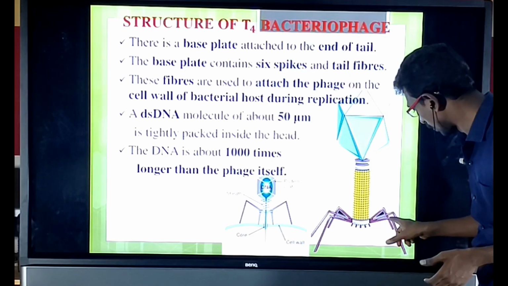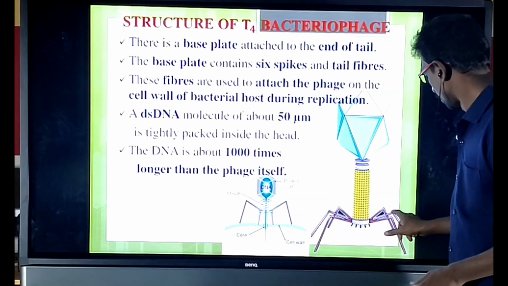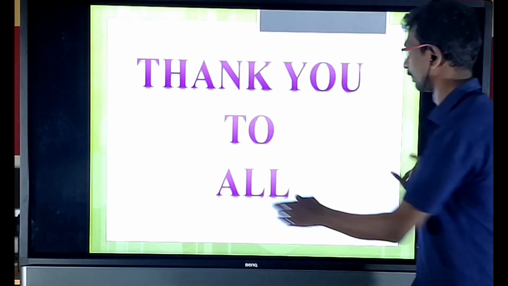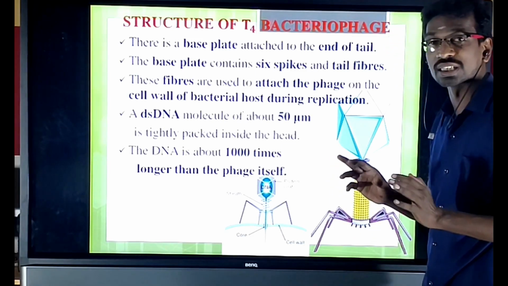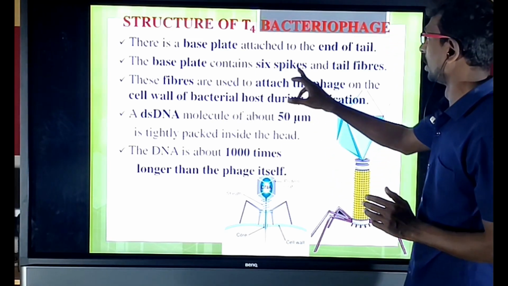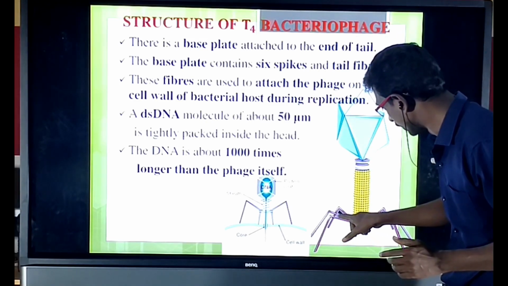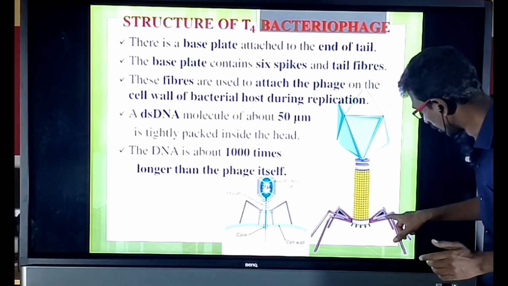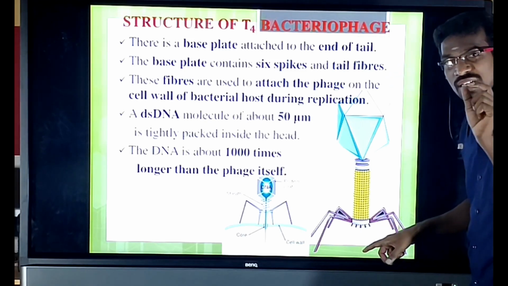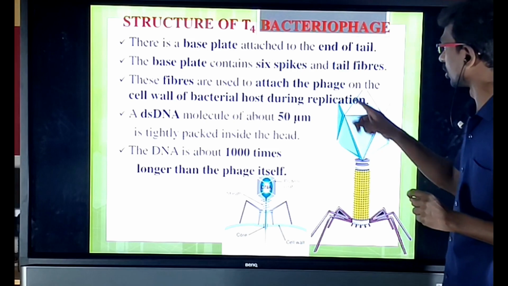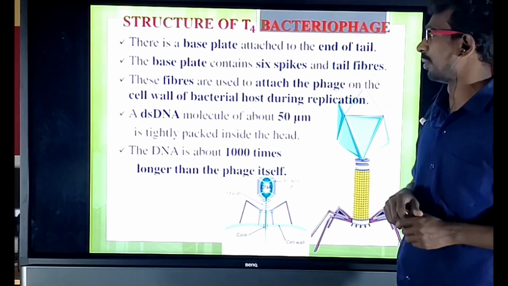So 1, 2, 3, and totally 6 tail fibers are present. This is a spike and this is a fiber. The elongated structure is a fiber, and the very small structure is called a spike.